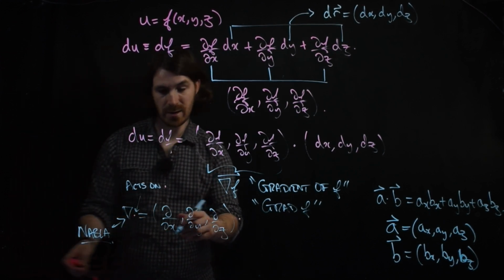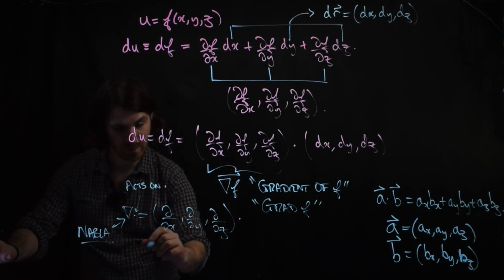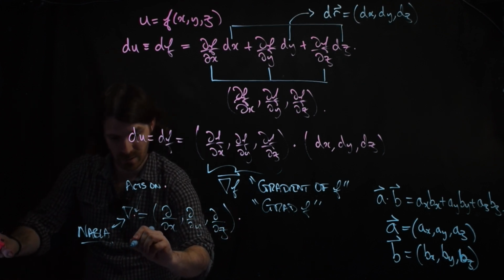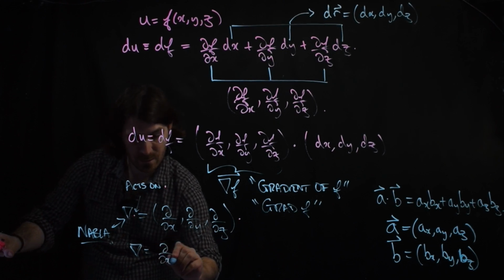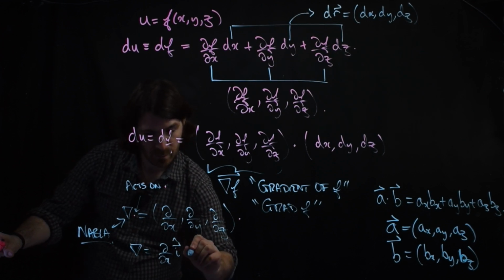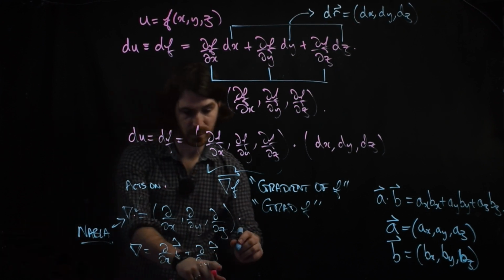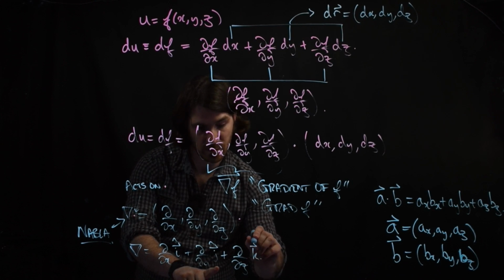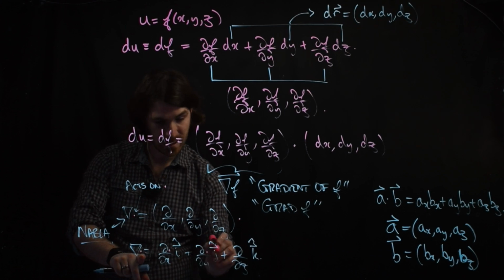And you can write it in component form too, so either the gradient of f or this nabla, we can write it with unit vectors i, j, and k. So let's do that. Nabla equals d by dx in the x direction, which has unit vector i, plus d by dy in the unit vector for y, which is j, and d by dz in the unit vector in the direction of z, which is k. And again, you're thinking that these act on something.